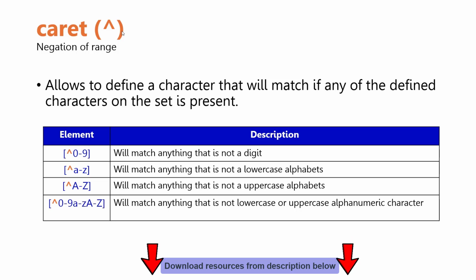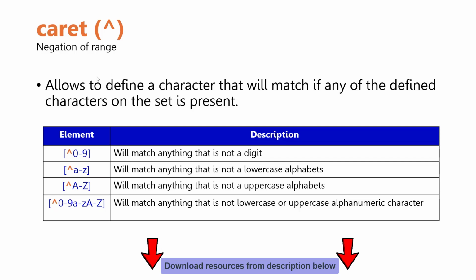Any kind of negate operation that you want to perform, we can use this character, which is caret. All you need to do is specify the caret immediately after opening the square bracket. After that you keep this caret, and now this will do exactly the invert operation.